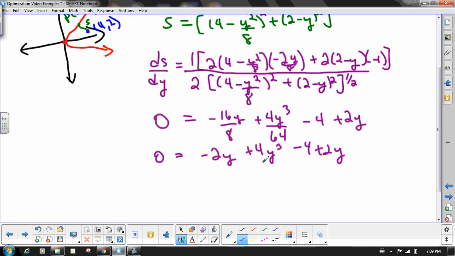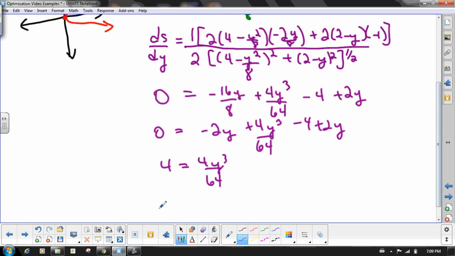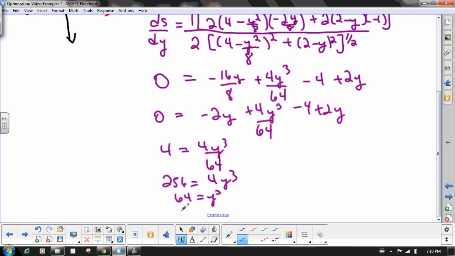First I'm going to put my 64 in. I'm going to put that negative 4 to the other side. So then I have 4y cubed over 64. 256 equals 4y cubed. 64 equals y cubed, which means when I do the cube root, I'm going to get 4 is equal to y.